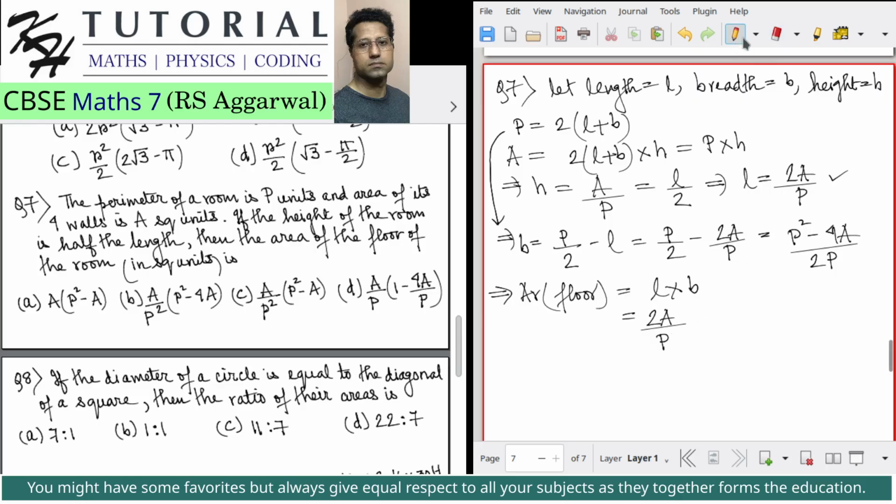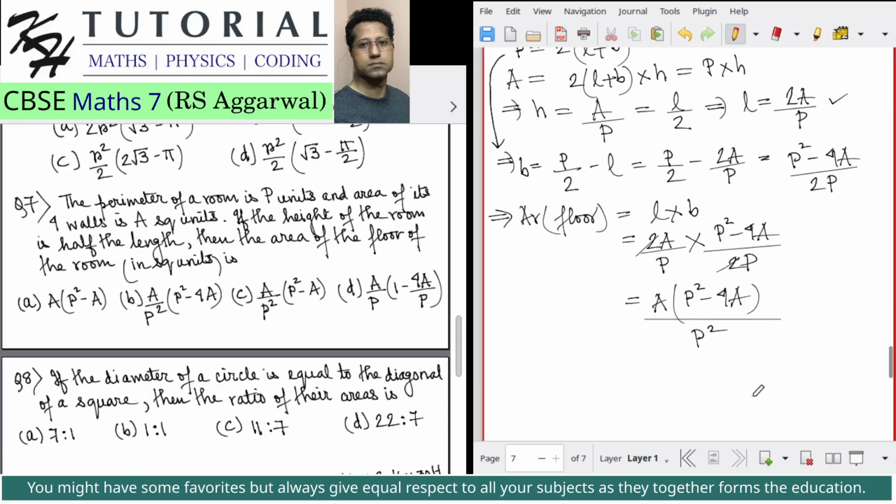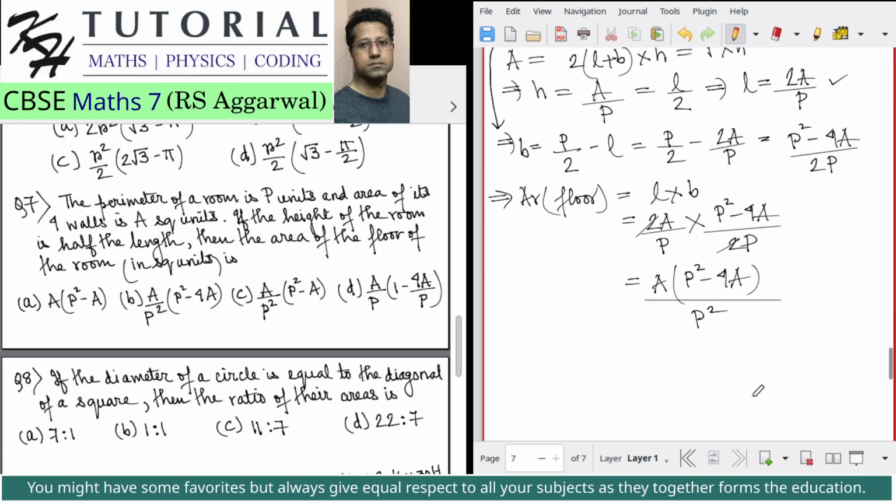Breadth we have just found to be P square minus 4A divided by 2P. So if I simplify this, 2 cancels out. This becomes A multiplied by P square minus 4A divided by P square. This should be the area of the floor.